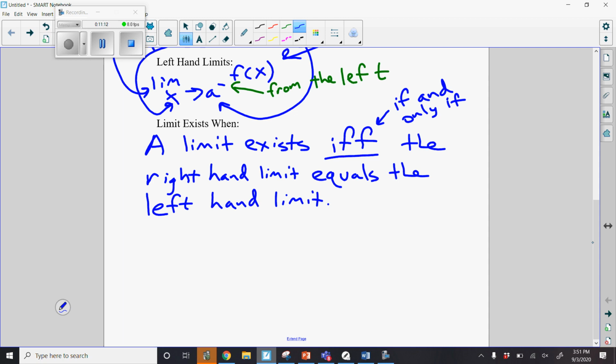So there are right-hand limits, there are left-hand limits, and then there are what we just call limits. And the limit exists if and only if the right-hand limit equals the left-hand limit.